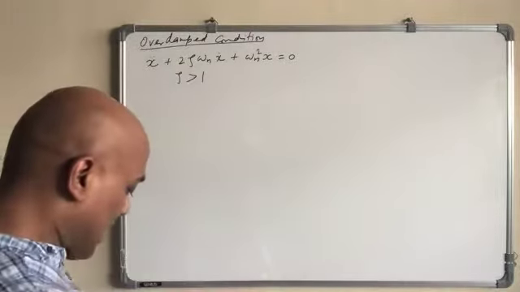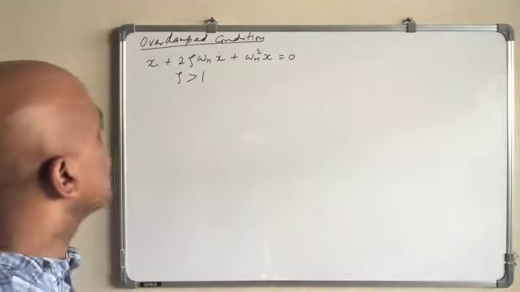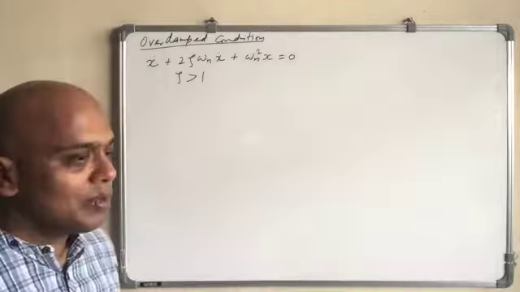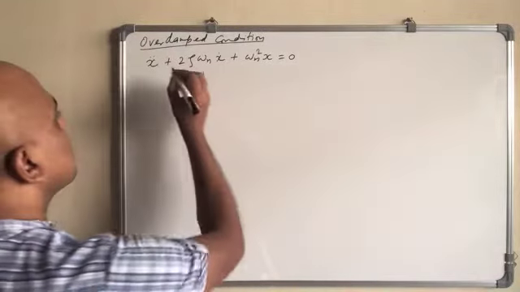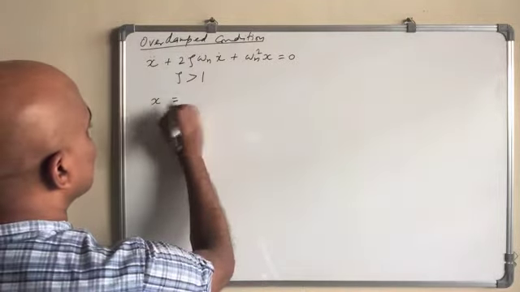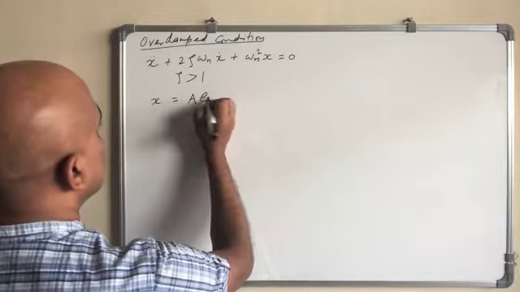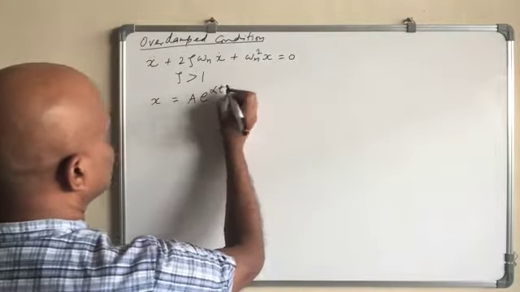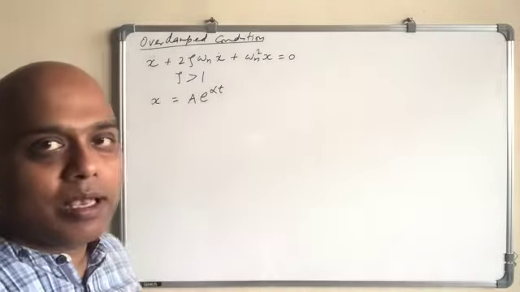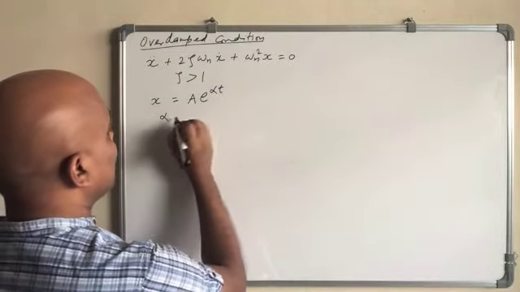Okay, so again, if you wanted to solve it, how will you solve? In this case, we will assume a solution which will be x equal to a e to the power alpha t, and you will put this in there and solve for alpha.